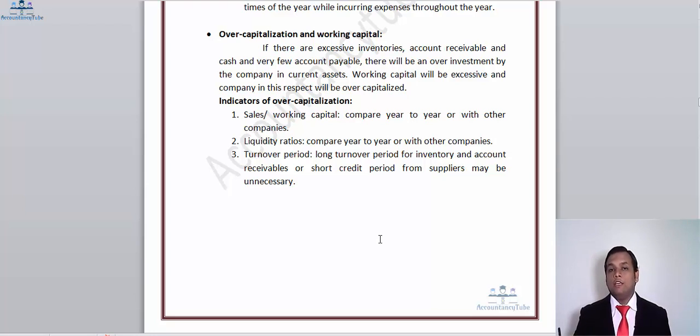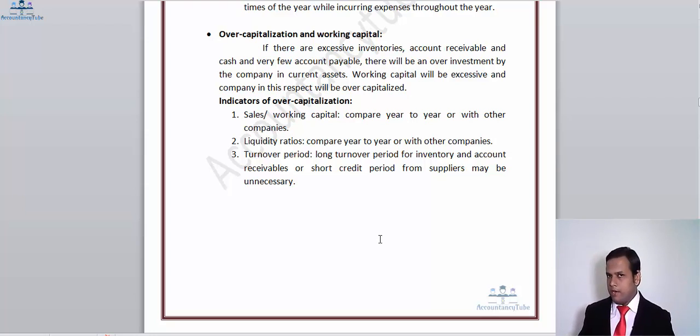Or what we could have done is use those resources to obtain benefit. Instead, we are just wasting it away in the form of working capital. What we are doing over here is that we are putting a lot of inventory in our premises.